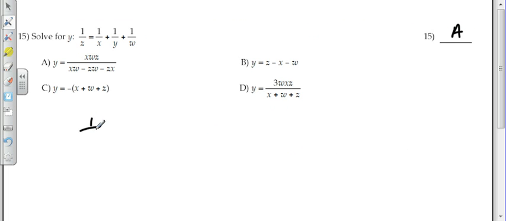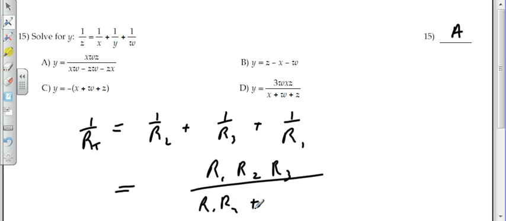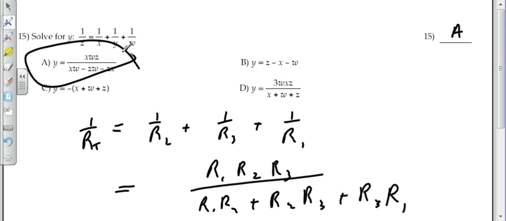So if I wrote it 1 over R1, well, R total is equal to 1 over R2 plus 1 over R3 plus 1 over R1, or whatever direction, then I know that's R1 R2 R3 divided by R1 R2 plus R2 R3 plus R3 R1, right? And so it has to be A. I don't have to do anything. I already did the problem in circuit analysis 1. It's already there, sitting there.